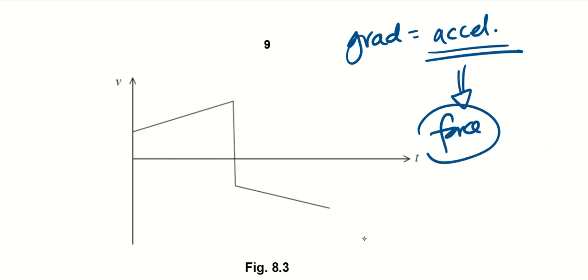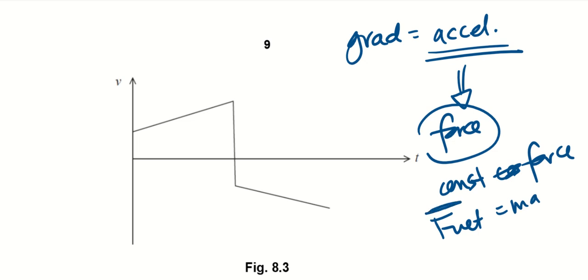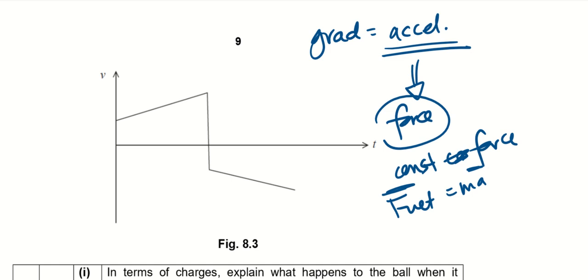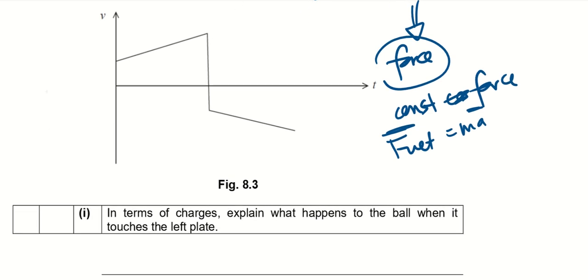If the force is constant, F net equals ma. If my F net is constant, I will have a constant acceleration. And if I have acceleration, that means I'm going to have a constant gradient in my v-t graph, right? I hope you still remember your v-t graph.